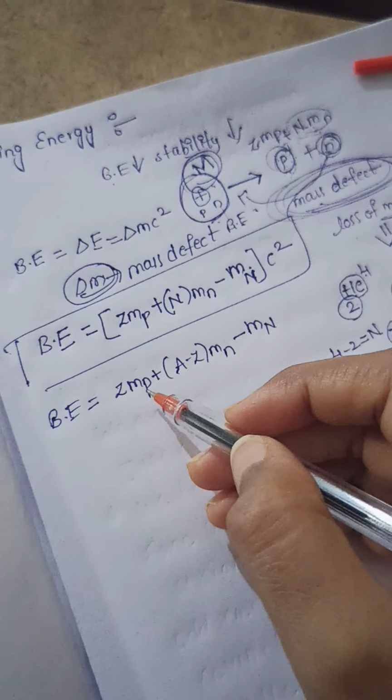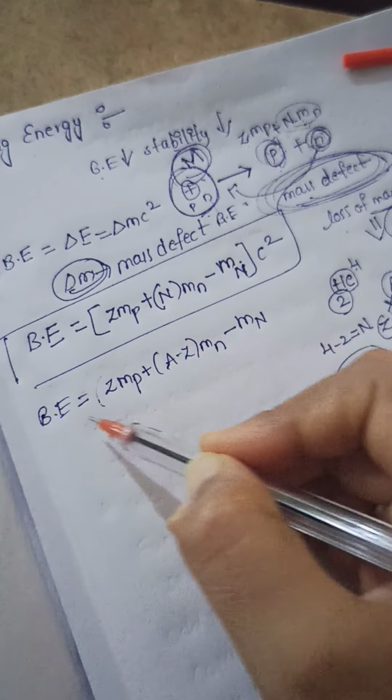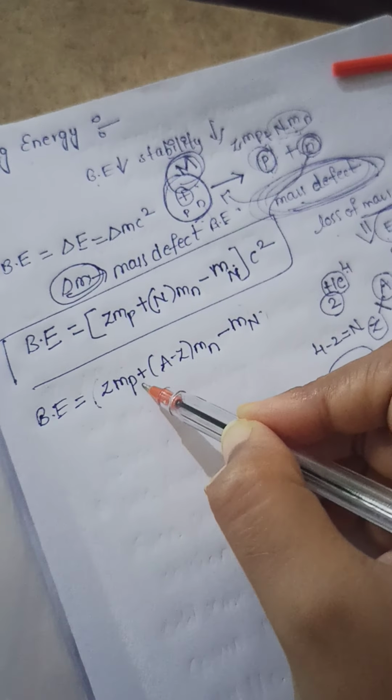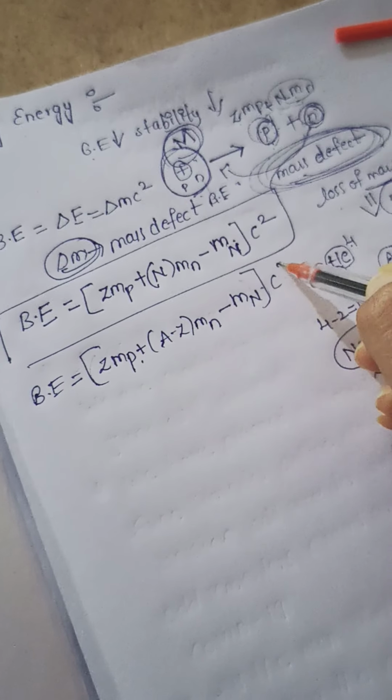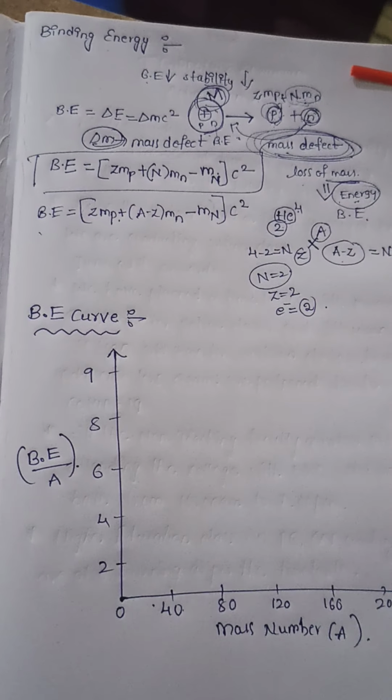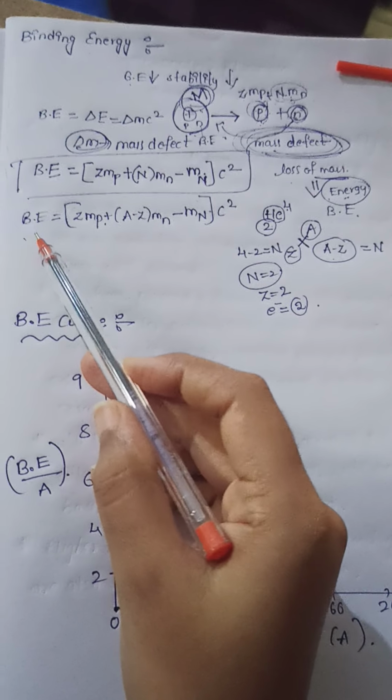If you take the mass of the constituent particles and remove the total mass of the nucleus from it, that will give you the binding energy. This is the equation for binding energy. Very important formula, you should remember.